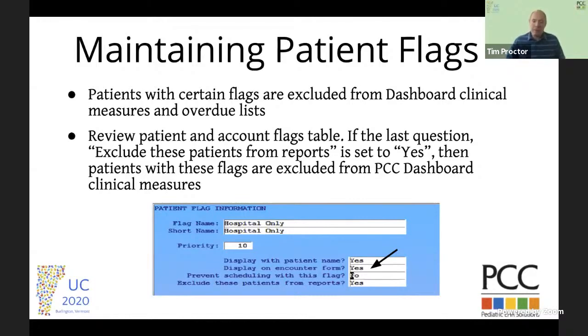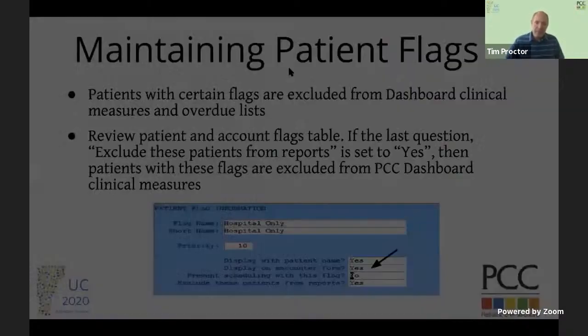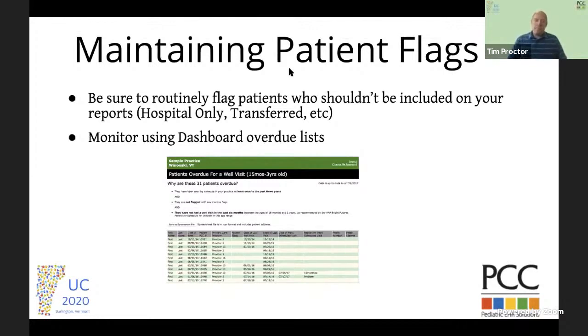So one of the things I'd love for you to take from this is to take a look at your flags table. A lot of people don't realize that you can have some patients excluded from measures based on that flag, so check that last question on those. Be sure to routinely flag patients who shouldn't be included on these reports, as I mentioned with those examples.